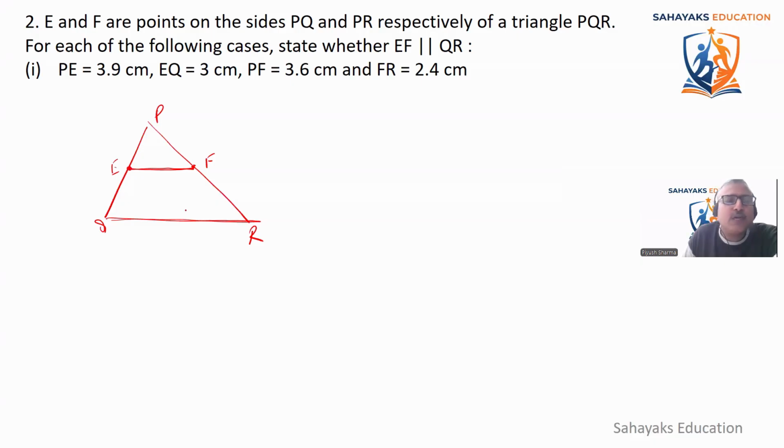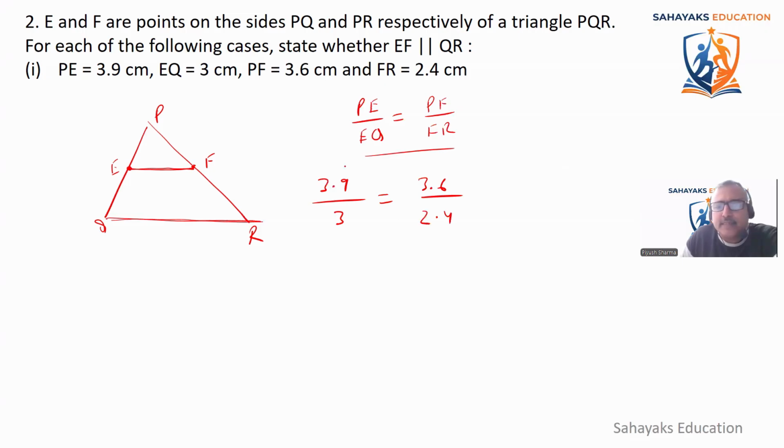So EF is parallel to QR only when PE divided by EQ should be equal to PF divided by FR. Okay, this is the condition. Now let's put the values: 3.9 by EQ 3, is it equal to PF, this is 3.6 divided by FR 2.4.